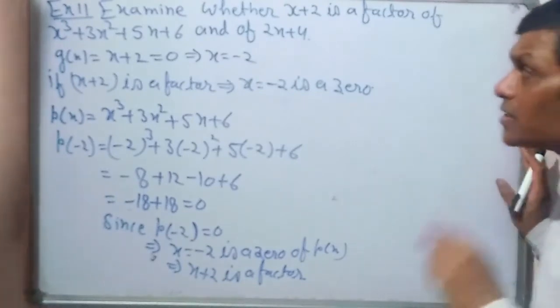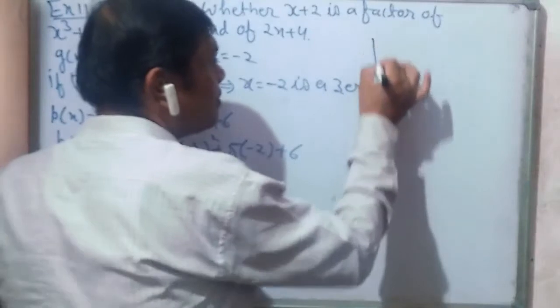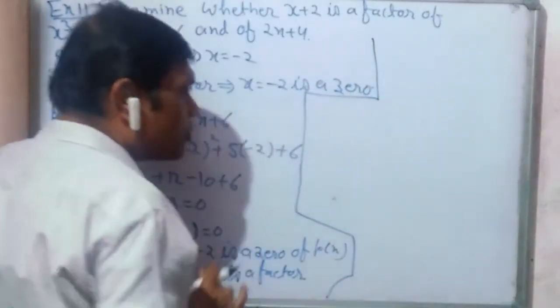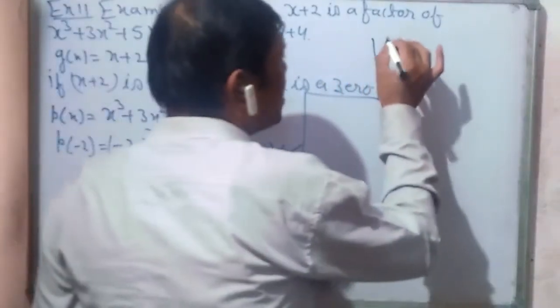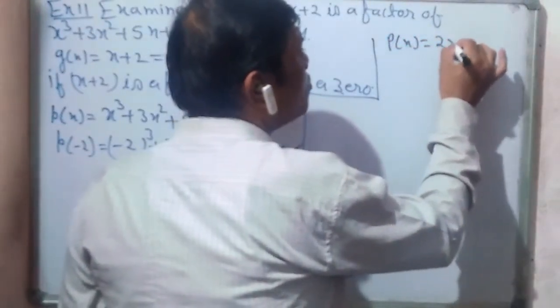Second part, what is it? 2x plus 4. We have to check whether x plus 2 is a factor of 2x plus 4. Let us say this is capital Px, 2x plus 4.